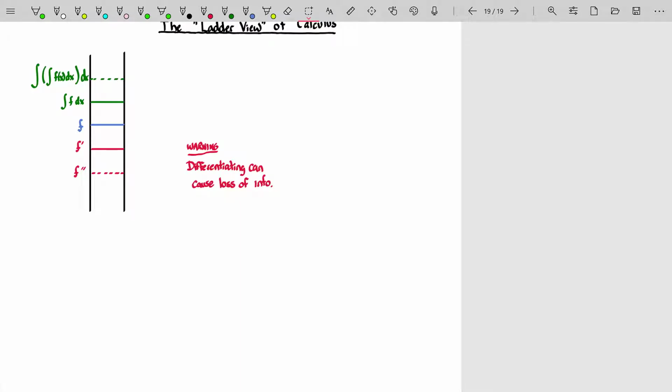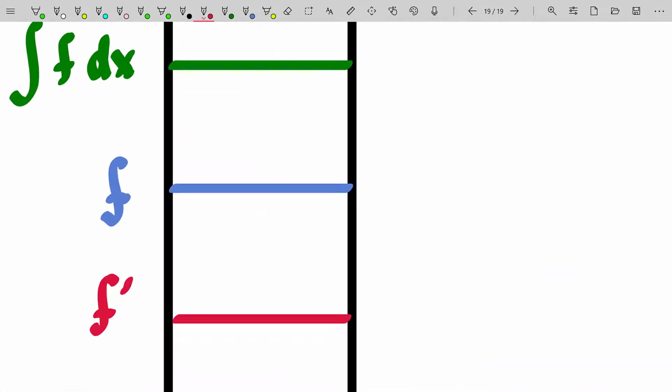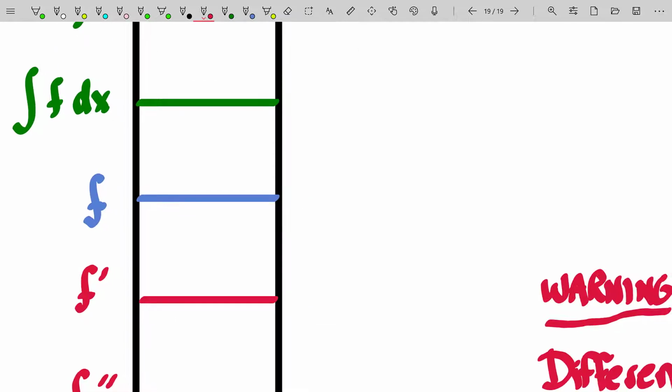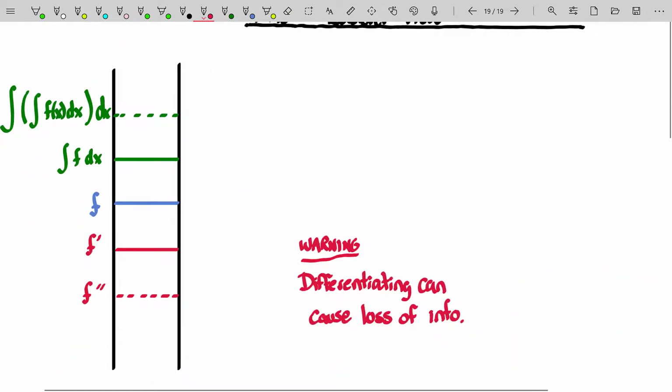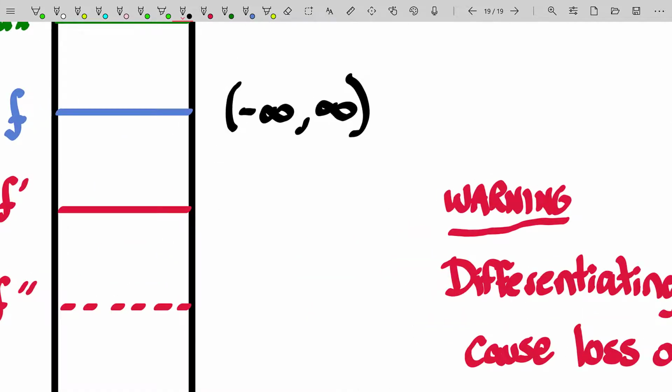Well, something I tell my Calc 1 students quite often is that if f had a domain, I'm going to put a little column here for domain, let's pretend f had an original domain of negative infinity to infinity. When you take the derivative, you could lose part of your domain.